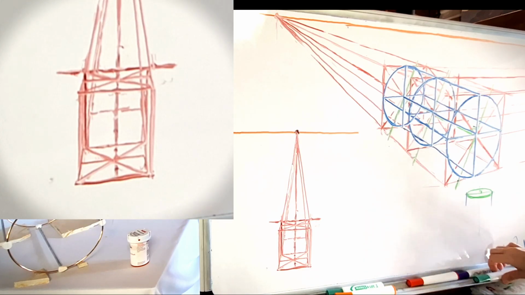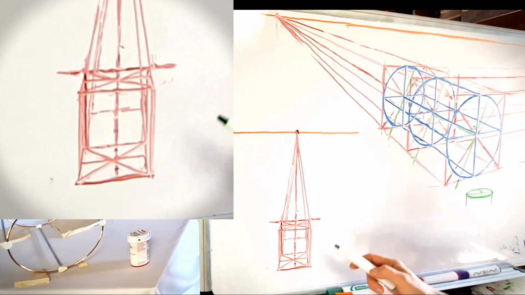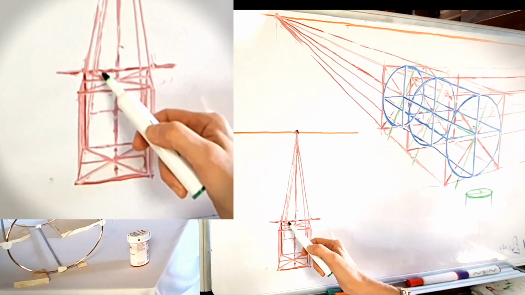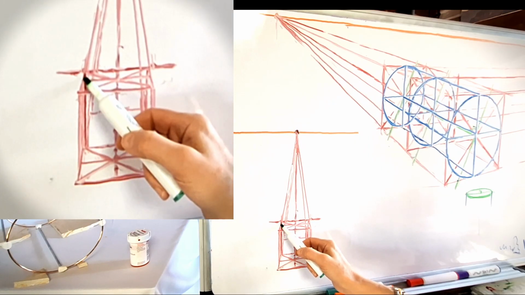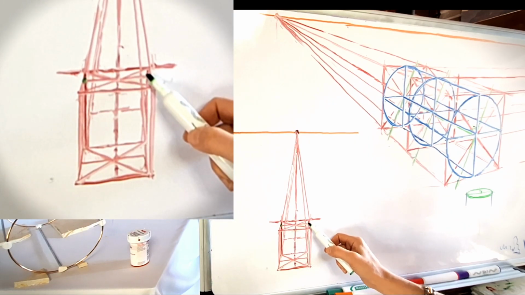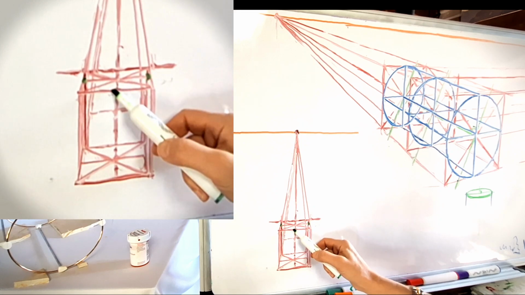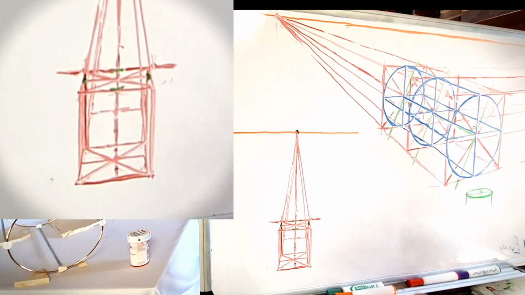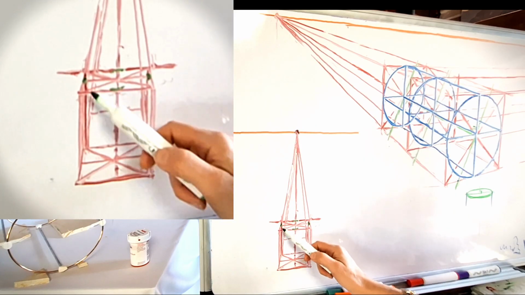Next, I'm going to use green to construct my regular cylinder. So here we go. We know it has to go through these points. It has to go through here. This is where the cylinder touches the sides of the box.